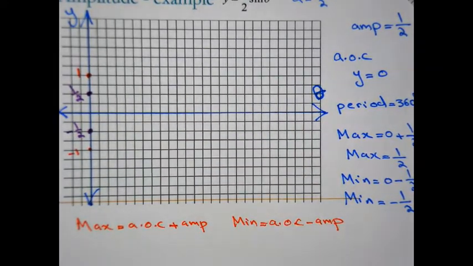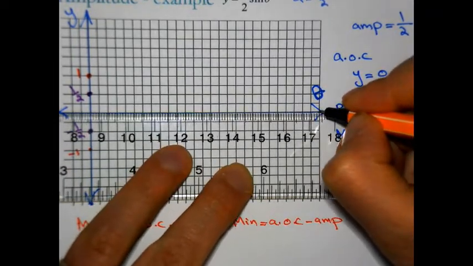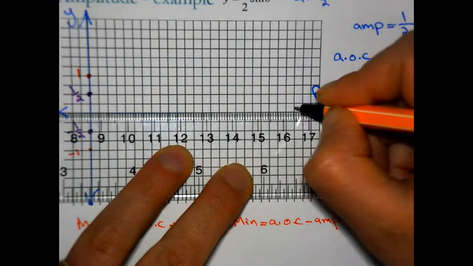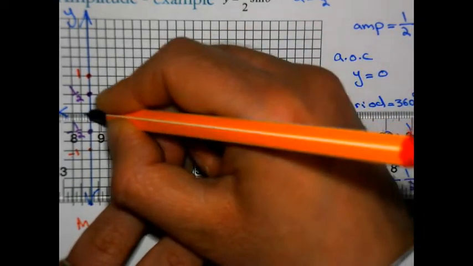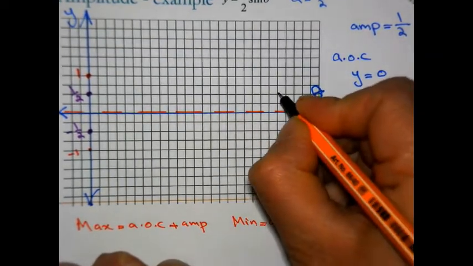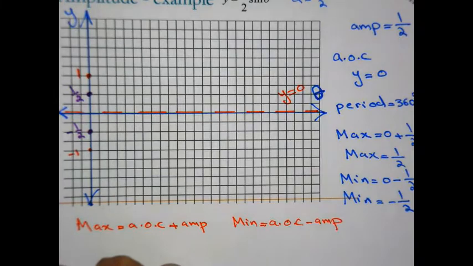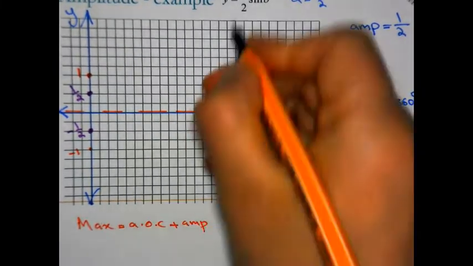As I said before, the first thing I want you to do is to draw the axis of curve using dotted lines, so that's what I'm going to do. You are going to label it, it's y equals 0. And now we are ready to draw our sine.